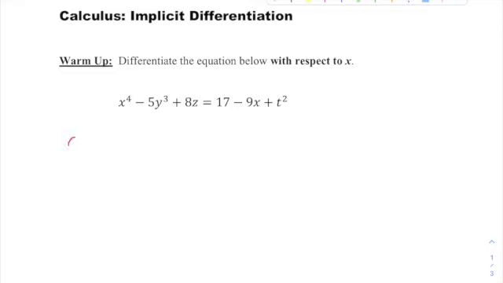So what that means is maybe you've been kind of taking this for granted when we've been taking derivatives, that our equations have always been y equals something in terms of x, or f of x equals something in terms of x.